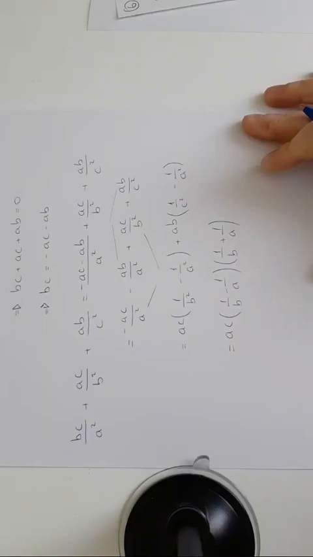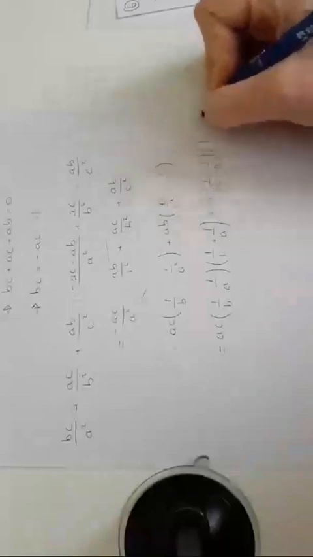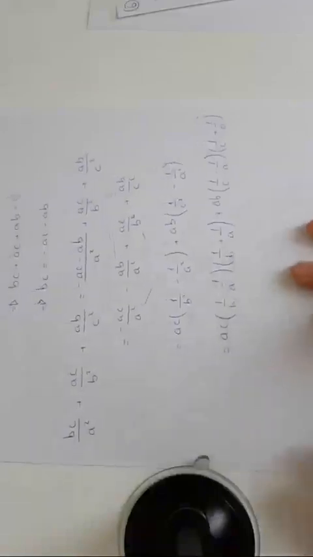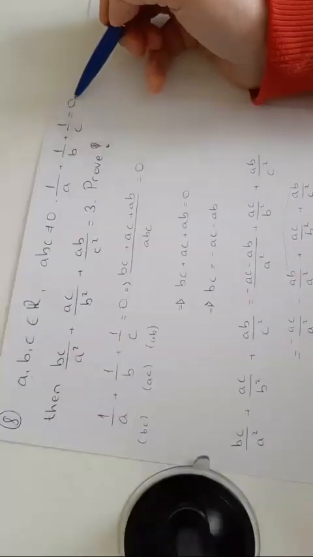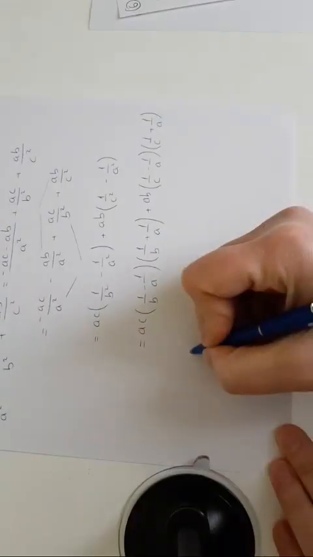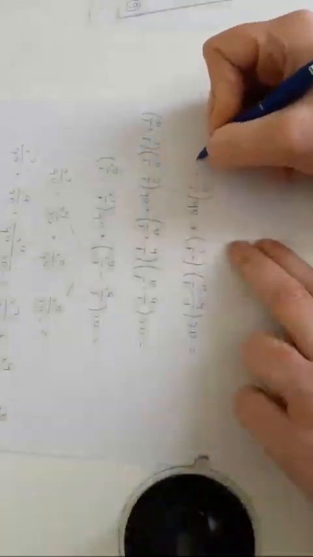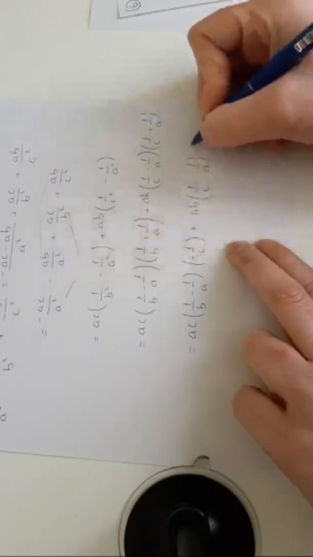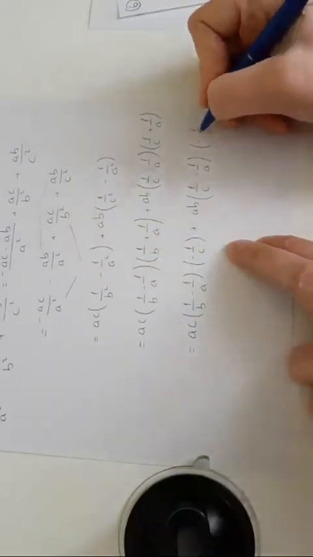And this one will be AB times 1 over C minus 1 over A times 1 over C plus 1 over A. Now from the given equation, I can write that 1 over A plus 1 over B is equal to minus 1 over C. So here it will be AC times 1 over B minus 1 over A times minus 1 over C plus AB times 1 over C minus 1 over A times minus 1 over B.